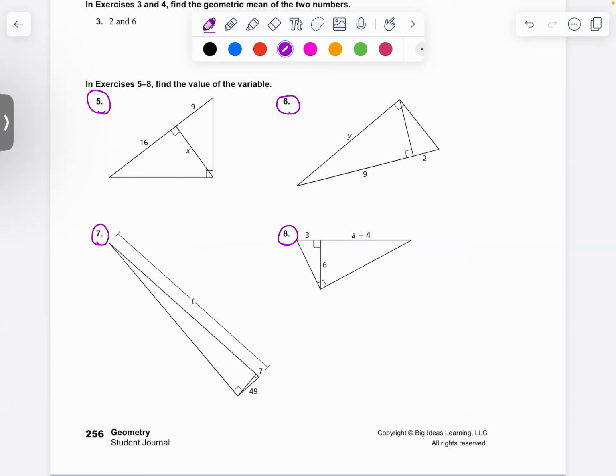Is that another? 49 and 49 or something. 49 is the geometric mean between.